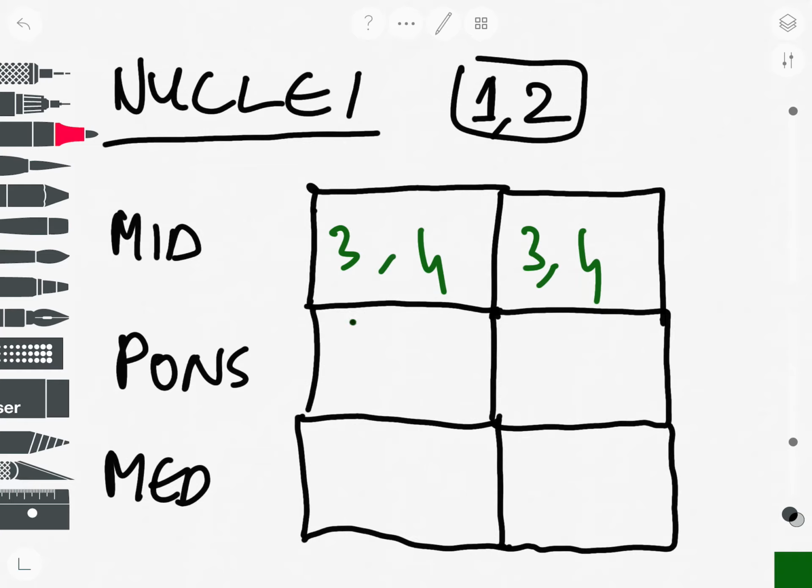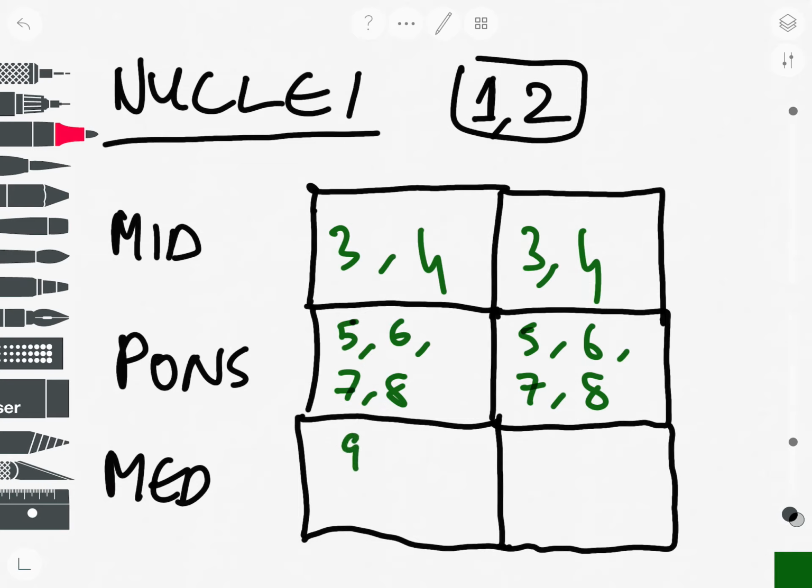Now obviously what follows after 3 and 4 is 5, 6, so on and so forth. So lower down in the pons you have 5, 6, 7, and 8, and the same on the opposite side, 7 and 8. And like you can guess, now you have 4 cranial nerves remaining, and that leaves you with the medulla.